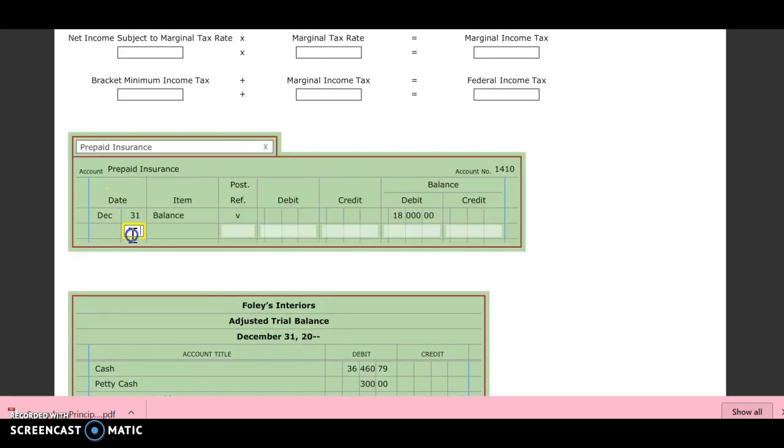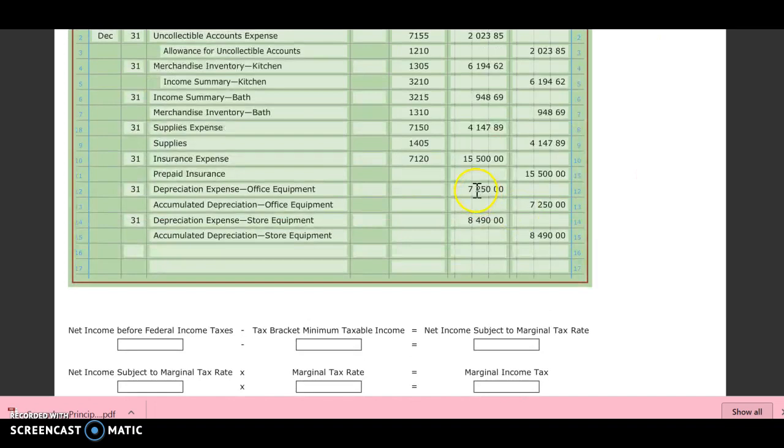Credit of $15,500. Find a new balance. 1410.